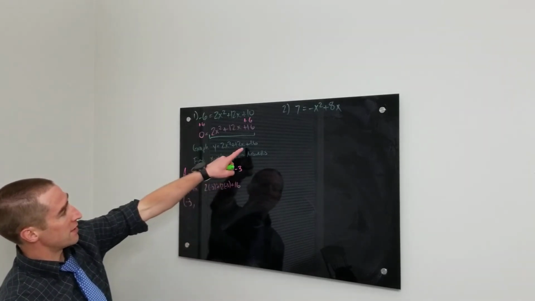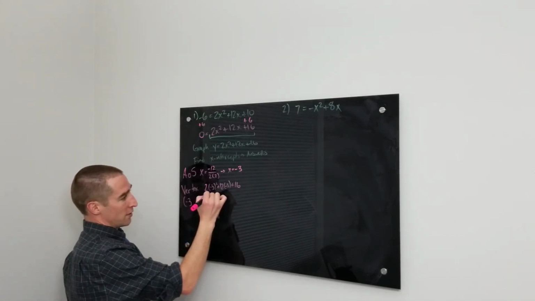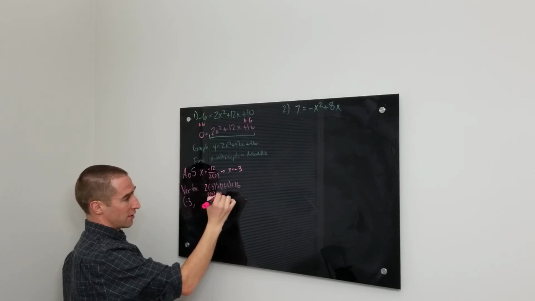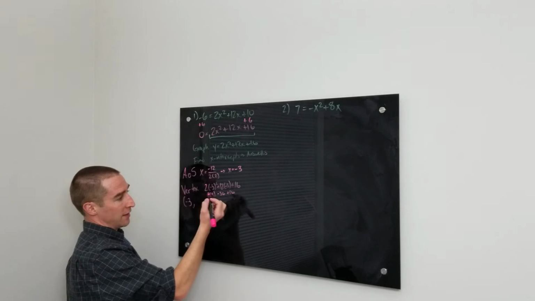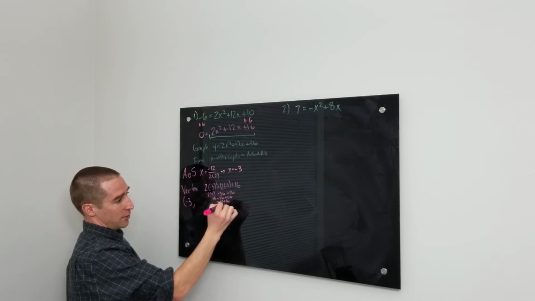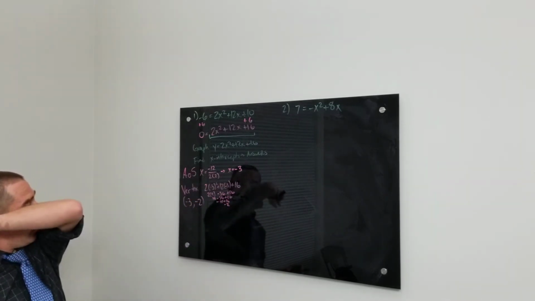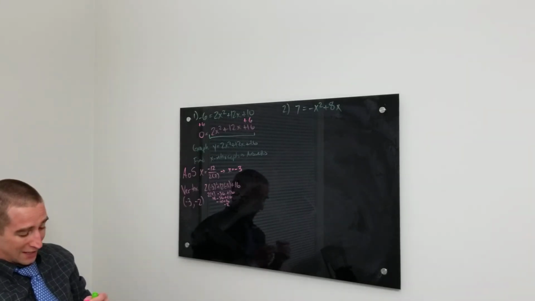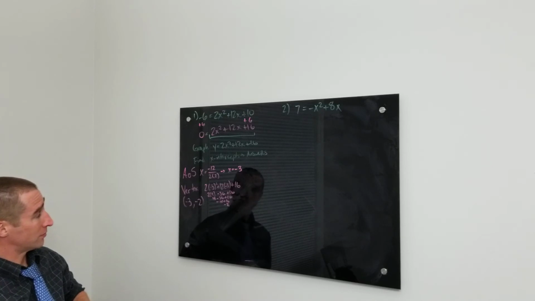This is 2 times 9 minus 36 plus 16. 2 times 9 is 18, minus 36 plus 16. That's negative 18 plus 16, which is negative 2. So I have negative 3 comma negative 2 as my vertex.